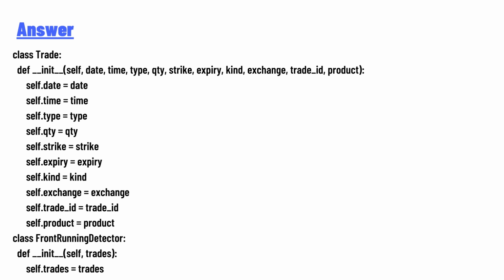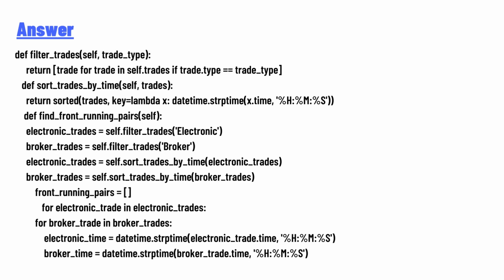Class FrontRunningDetector, def __init__(self, trades): self.trades = trades. def filter_trades(self, trade_type): return [trade for trade in self.trades if trade.type == trade_type]. def sort_trades_by_time(self, trades): return sorted(trades, key=lambda x: datetime.